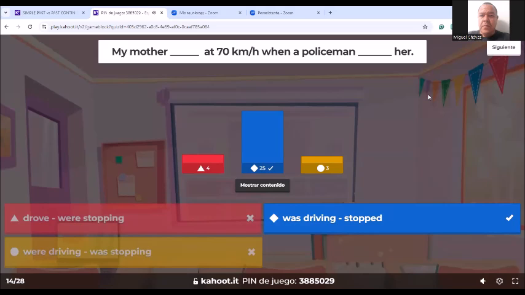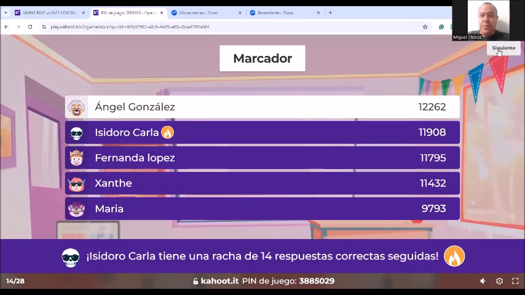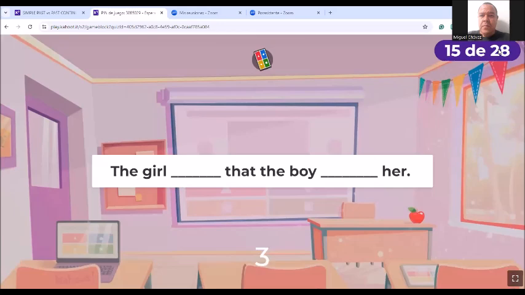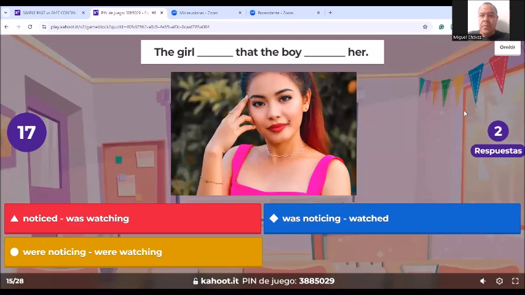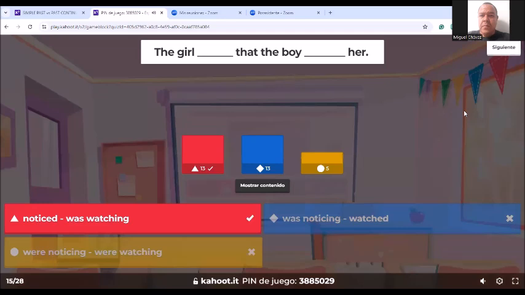My mother was driving at 70 kilometers per hour when a policeman stopped her. The girl noticed that the boy was watching her.